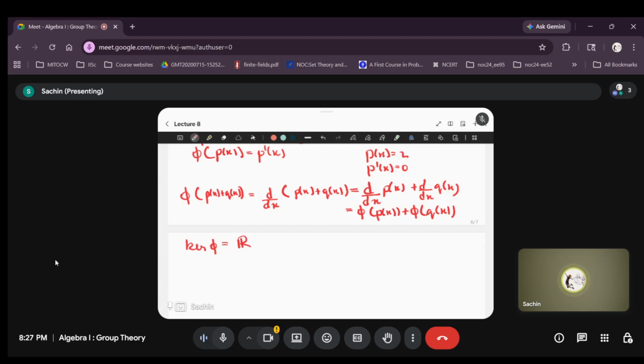What about the image? Yeah, you can get any polynomial as a derivative of some other polynomial by integrating. Okay.